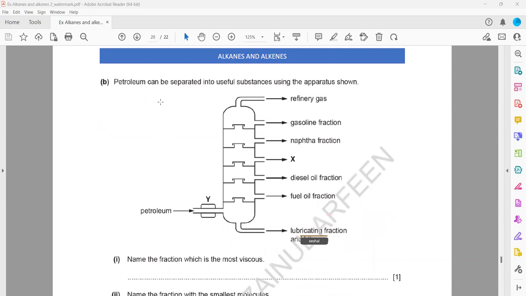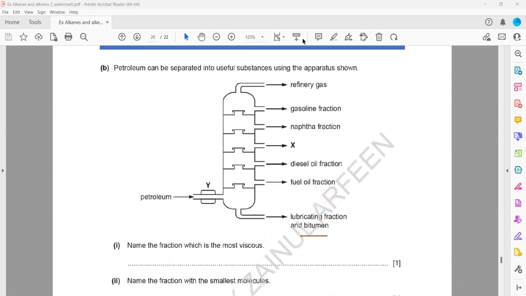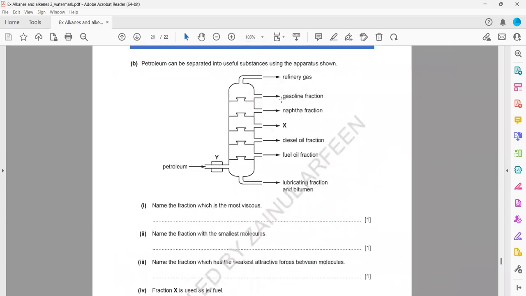Name the fraction which has the smallest molecules: refinery gas, because as we go down there are more carbons, so this will have few carbon atoms and this will have more. Name the fraction which has the weakest attractive force between the molecules.